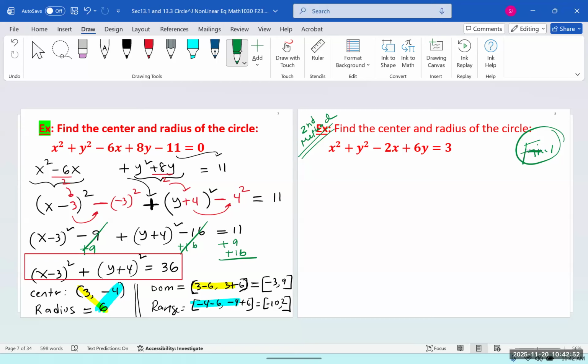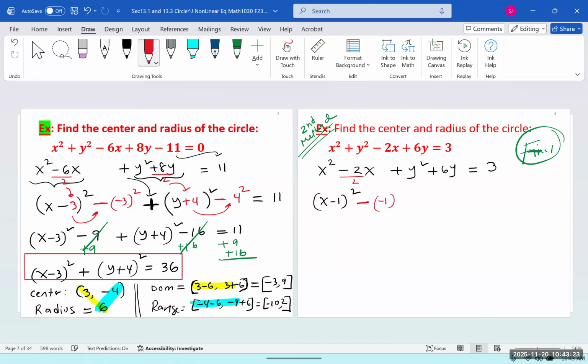So what did you do first group? I formatted it like this. I put x squared minus 2x, y squared plus 6y. And then on the x side, I completed the square and got x minus 1 squared, minus 1.